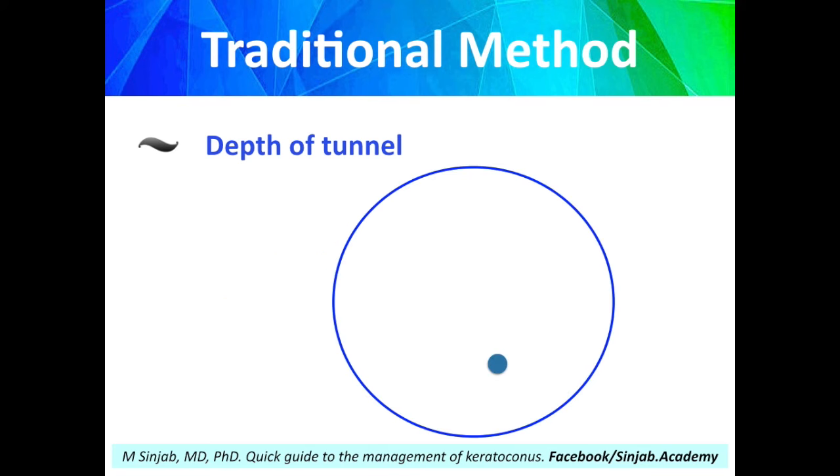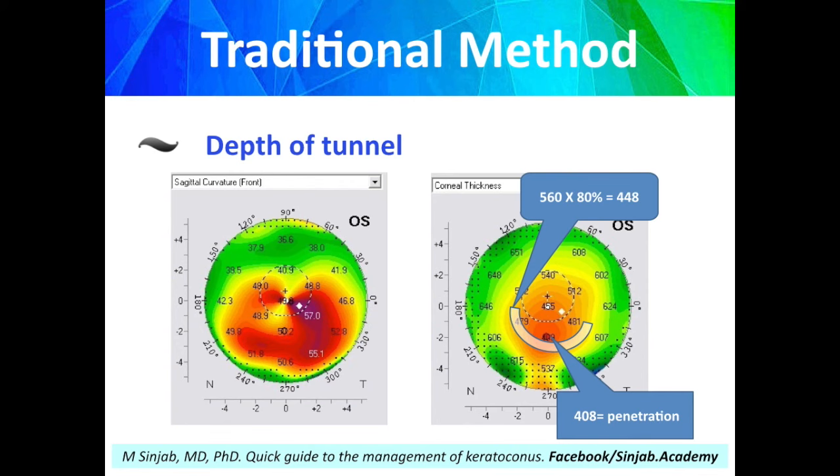Actually, we cannot depend on the site of incision to take 70% of it, especially when we have inferior keratoconus like pellucid-like keratoconus or the pellucid marginal degeneration, because in these cases, if we create the tunnel near the thinnest location and we consider the thickness at the incision site, then we will exceed the thickness at the thinnest location, as here in this example, and we may have a perforation.